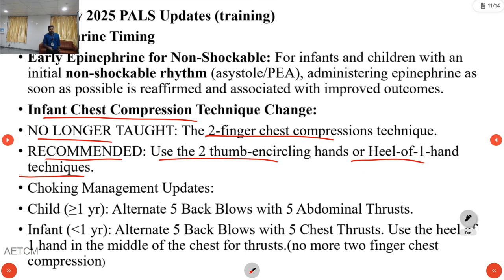But if only one rescuer is there, it's better to go ahead with the heel of one hand. This will be applicable even in the infant age group.